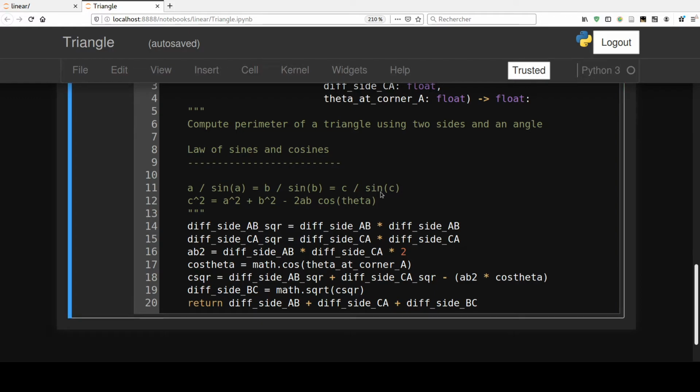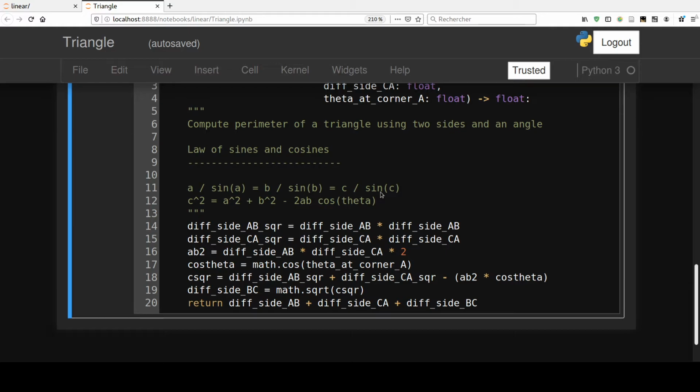Wikipedia gives us a lot of choices to use during the computation of the perimeter of triangles. I'm not going to go over every single one of them, but for the perimeter of triangles, this should be more than enough for most of the use cases out there.